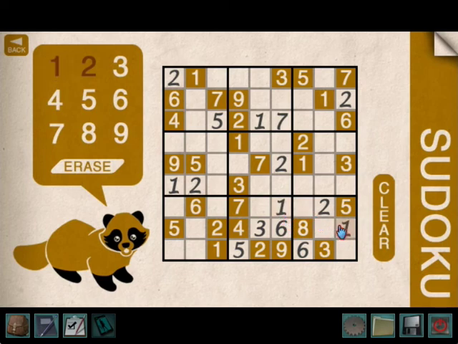Which means I can put that there to finish 1s off. And 3s. 3, 3. Yeah, okay, 4s. Let's move on to 4s again.